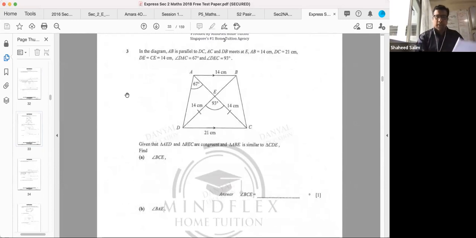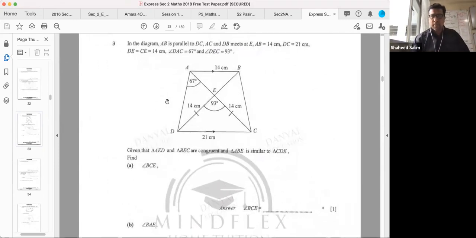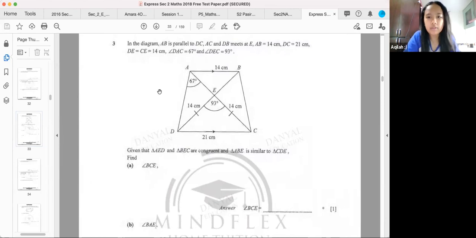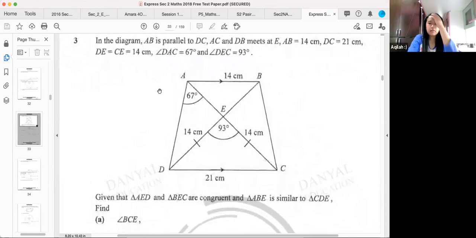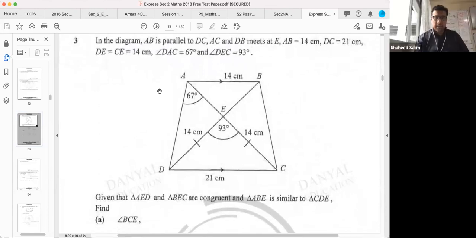Number 3, okay? Can you see now? I can't see it properly. It's blurry. Okay, what about now? Better? Okay, yeah. We want to find angle BCE.